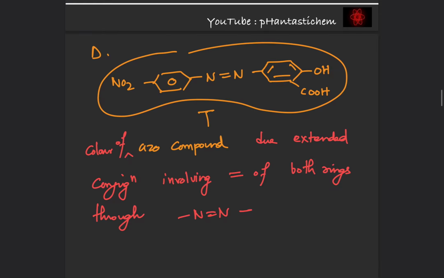Okay, so if you can see, there is conjugation here in the ring, double, single, double. So there is double, single, then N, there is a double bond, then N, there is a single bond, then there is double bond, right? So can you see there is extended conjugation, double, single, double, single, double. So because of this particular conjugation, azo compounds are brightly colored.